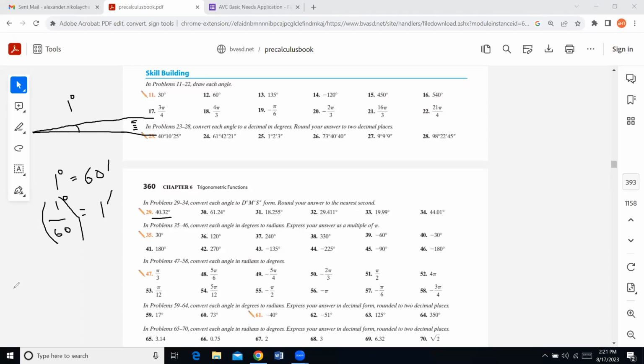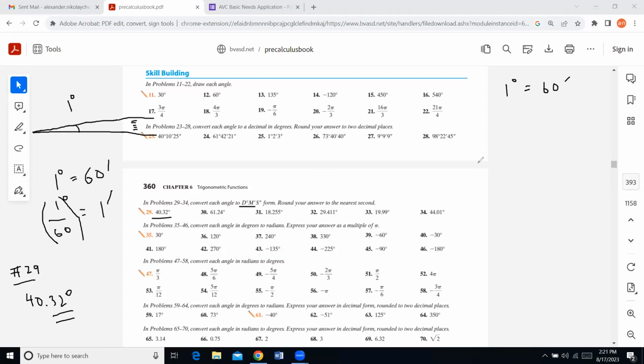So for example, if somebody is going to do problem number 29 here, we can take a look at the 40.32 degrees. They ask, how many minutes here? Well, I need to know that if one degree is 60 minutes, how can I produce minutes from 0.32 degrees?